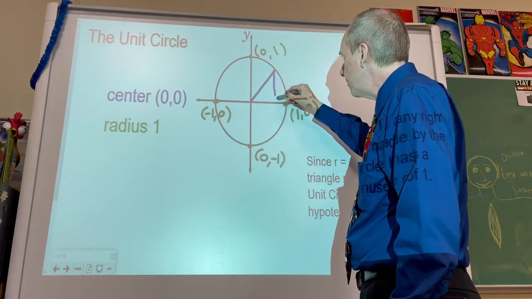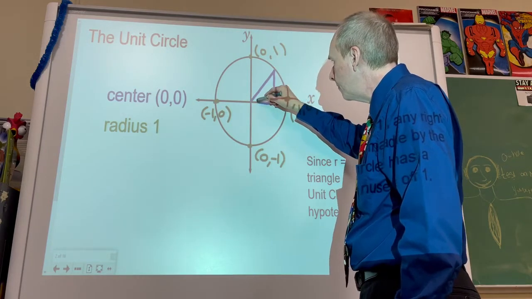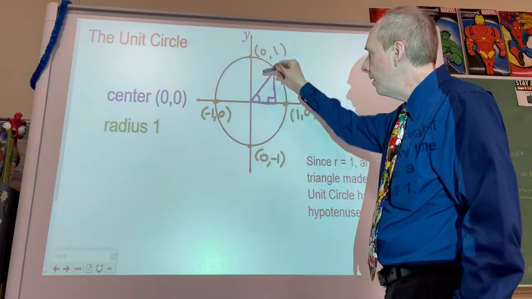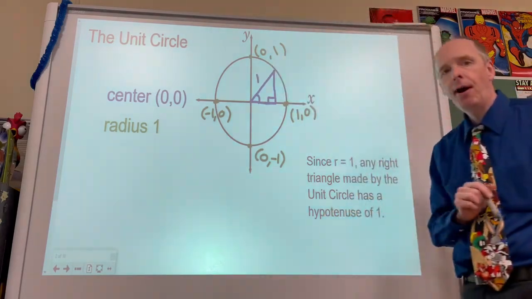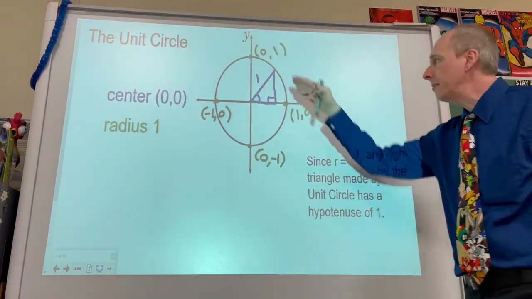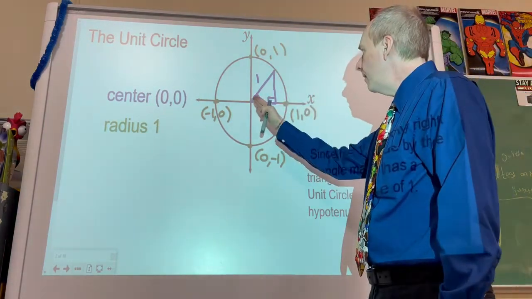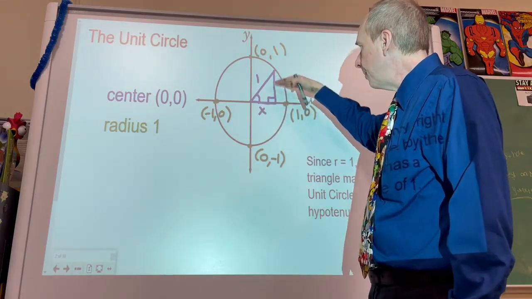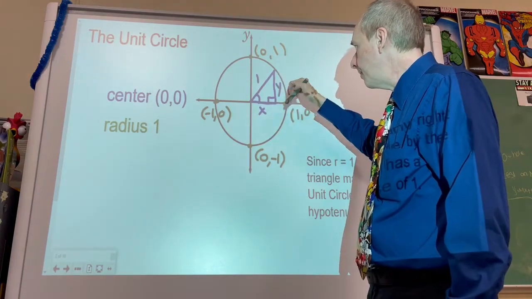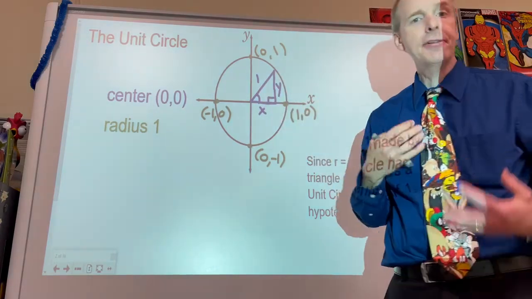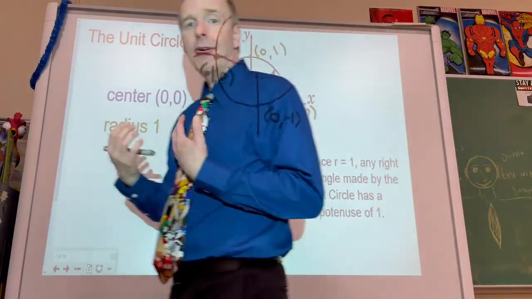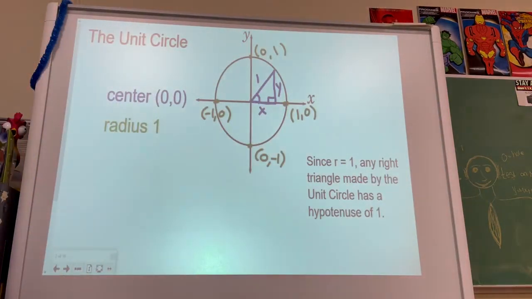It goes straight down to the x-axis, and over here I have a 90-degree angle. My radius is 1. As I'm looking at this triangle, this would be my x distance, however big that is. This would be my y, or my height, because y's go up and down, x's go left and right. And we're going to use that triangle to help figure out our angles for sine, cosine, and tangent in a few minutes.